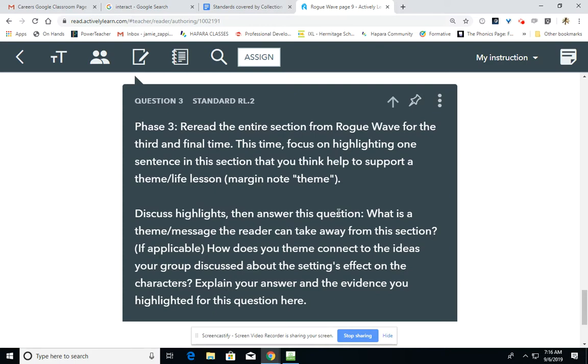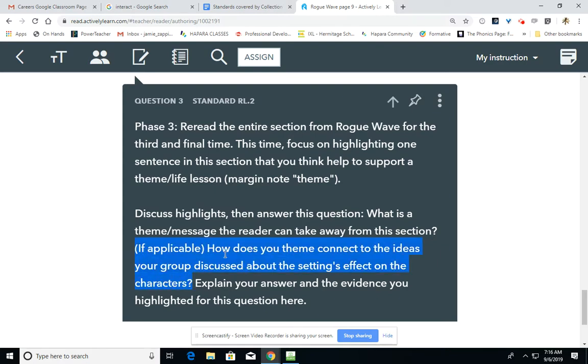As you discuss that, decide what you can put for this question. What is the theme or message that you, the reader, can take away from this section of Rogue Wave? Here's a special one. If you can do this part, you have mastered the close read. If applicable, can you figure out how the theme that you've come up with connects to what you discussed for the setting's effect on characters?